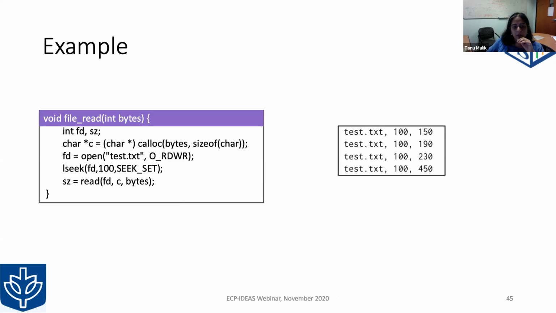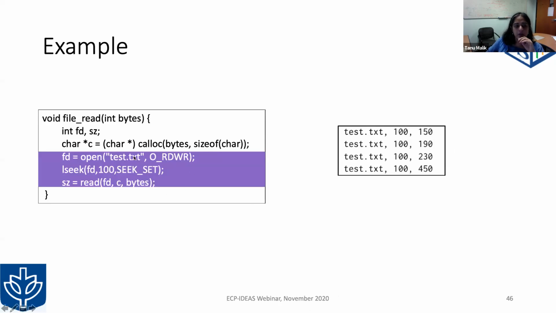So now the question becomes: should we include test.txt, or should we include just test.txt from offset 100 to 450? Technically, one should only be including the specific ranges exactly where it is reading.